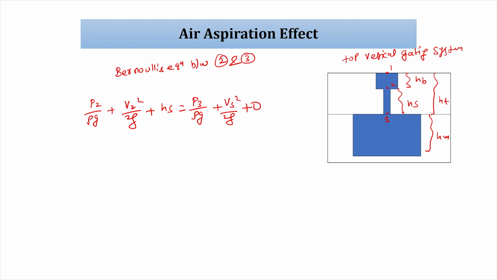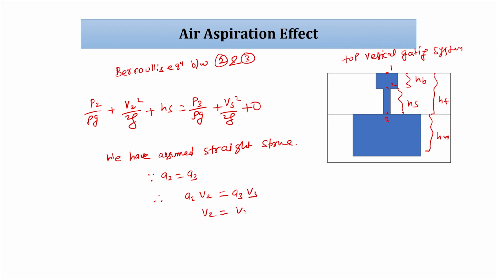Since we have assumed a straight sprue, what does it mean? A2 equal to A3 obviously. So A2 V2 equal to A3 V3, so V2 equal to V3.